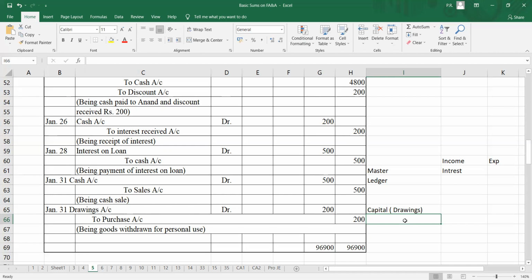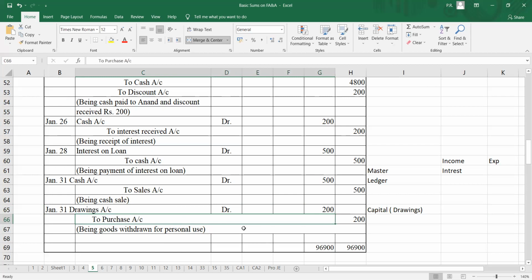Normally purchase would be debited. In this case, if purchase is an expense it will be debited. But here I need to reduce the expense, so I will give an opposite effect. I have to credit purchase. So over here, drawings is a personal account. So I'll say debit the receiver, credit the giver. So I have debited drawings, and I have to reduce the purchase.